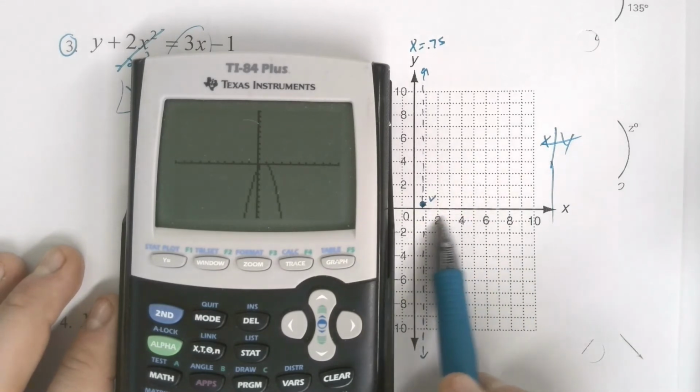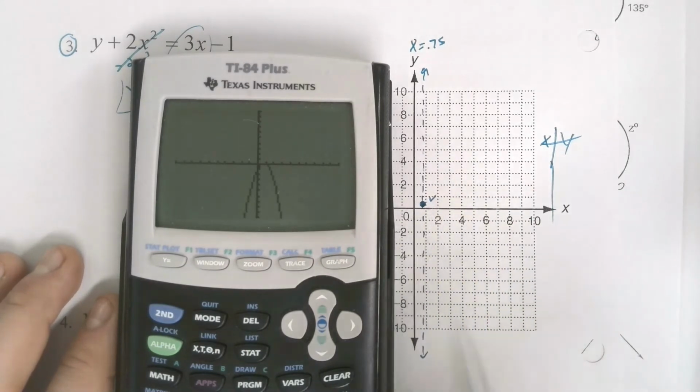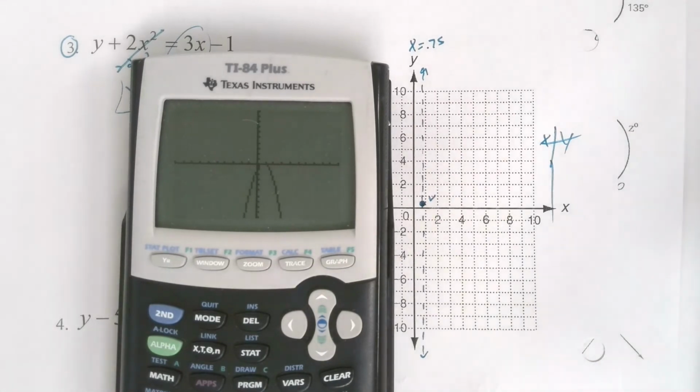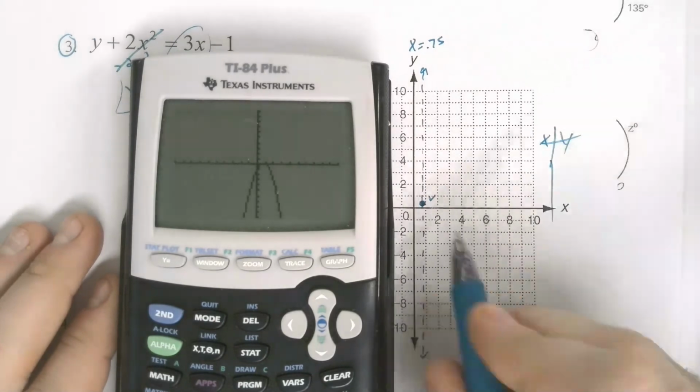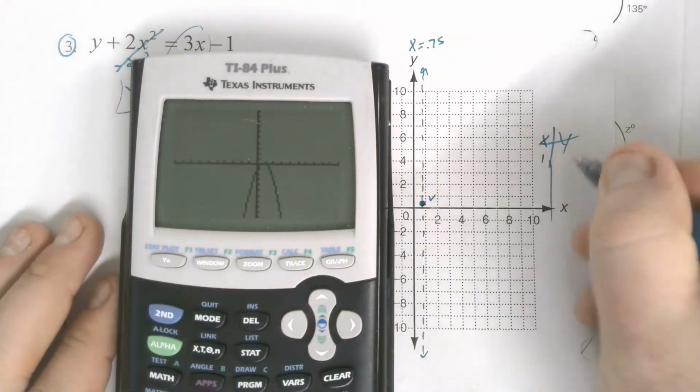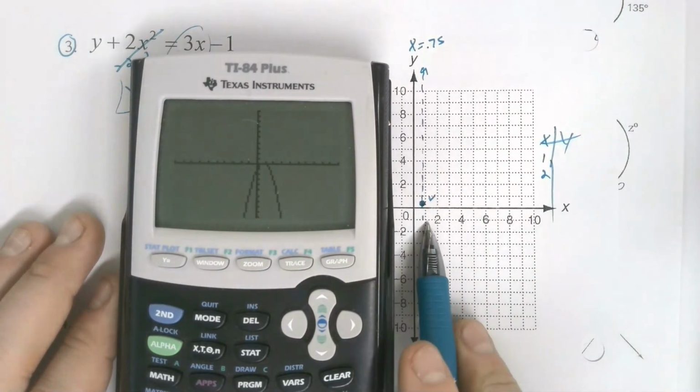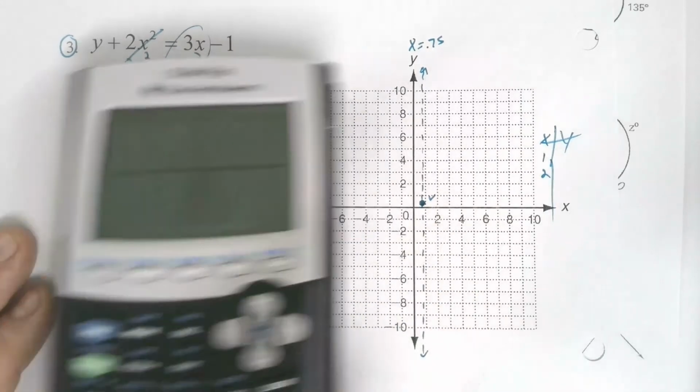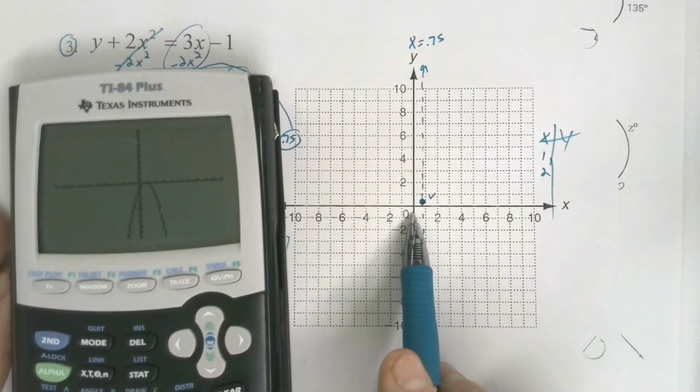Anything right of the axis of symmetry and anything left. 2 points right, 2 points left, okay? So what are smart points to choose? Maybe 1 and 2. Those are right of the axis of symmetry. You guys see that? What are some points left of the axis of symmetry I'd choose?